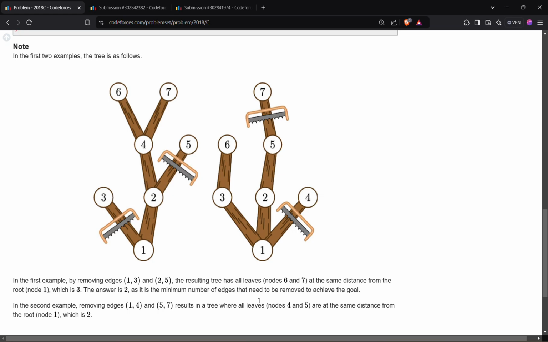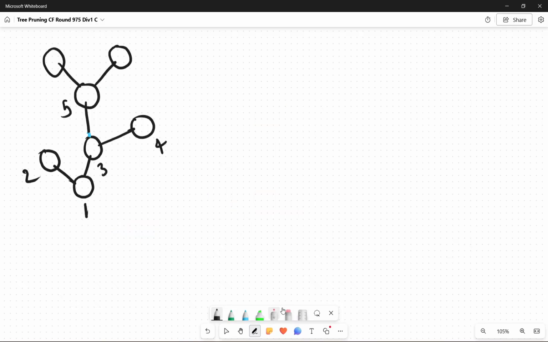Okay, wait, let's follow the convention: 1 2 3 4 5 6 7. 2 is here, 3 is here, 4 is here, 5 is here, 6 is here, and 7 is here. Okay, makes sense. So we will exclude the node 1 from our calculations, because we want to always keep it.